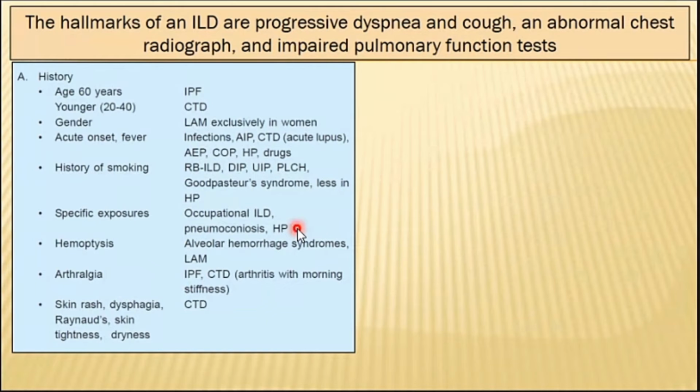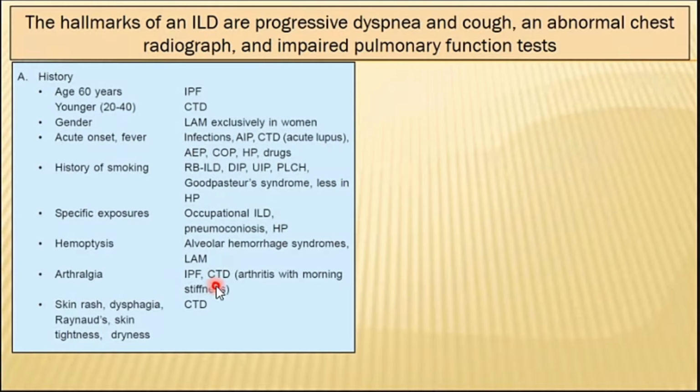So those pigeon feathers, pigeon dung, and all that, those are the ones which contain the allergens for causing hypersensitivity pneumonitis. Okay, if there's any hemoptysis involved, you can think of the alveolar hemorrhagic syndromes, such as your Goodpasture's, your GPA, and all that. Okay, or you can even think of LAM.